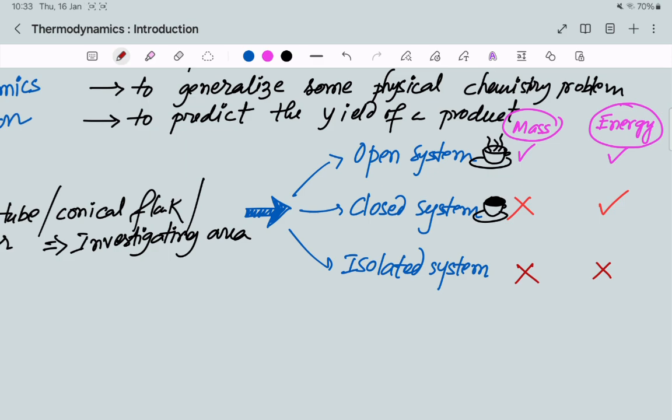So this is an example of an isolated system. Now no system can be 100% isolated. So for this type of system, for example, we are not taking tea in any cup, we are taking it in a thermoflask.